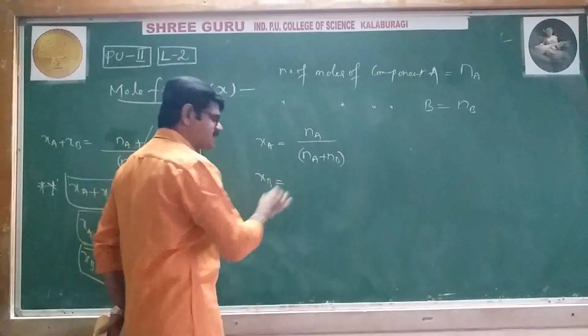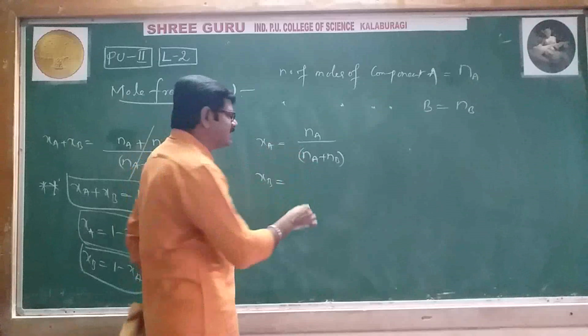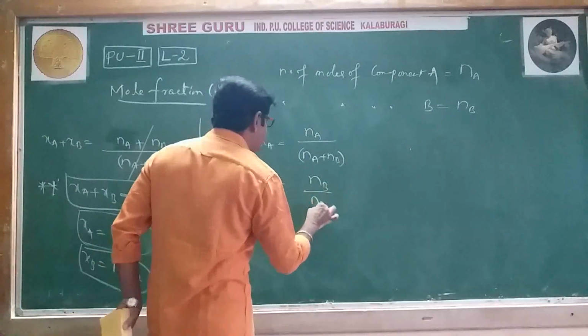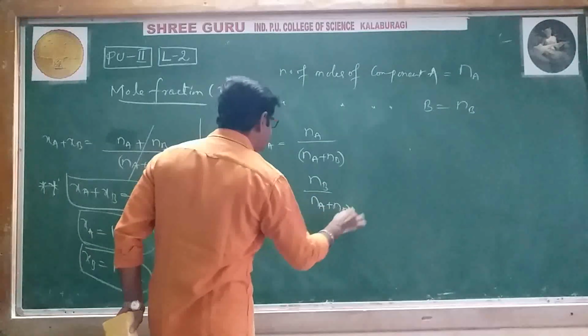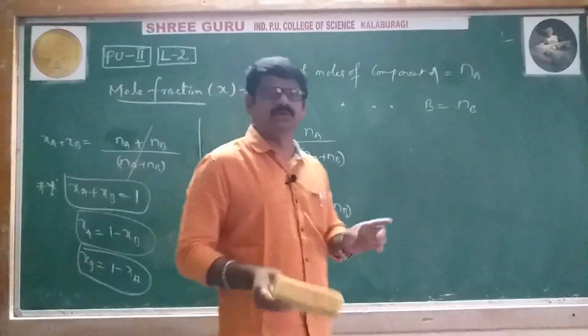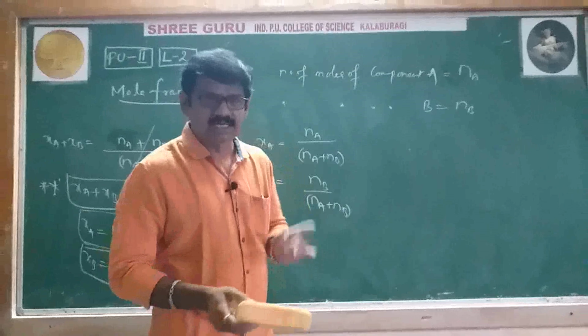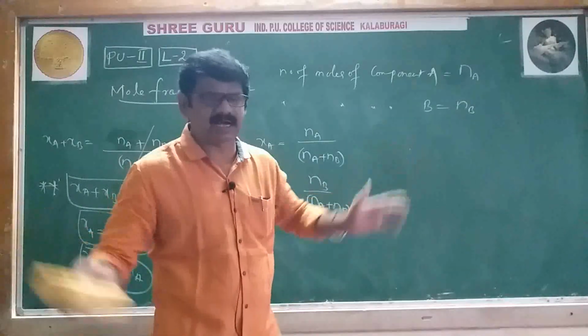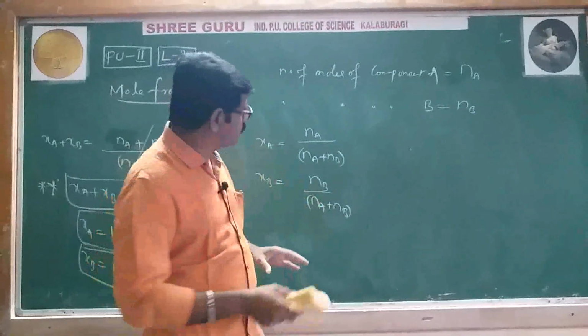Exactly, the mole fraction of B is Nb by Na plus Nb. Then if you add Xa plus Xb, you will get 1, because the sum of mole fractions of all the components is always equal to 1.